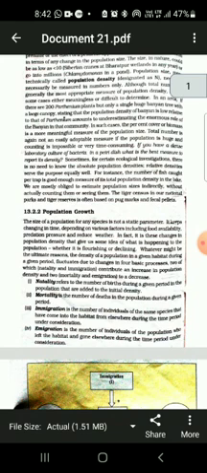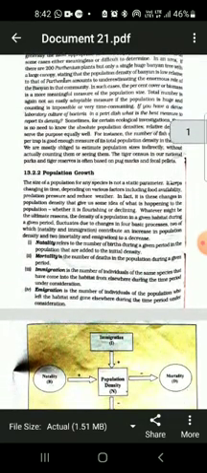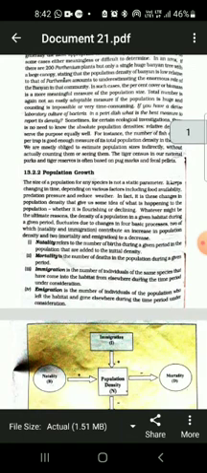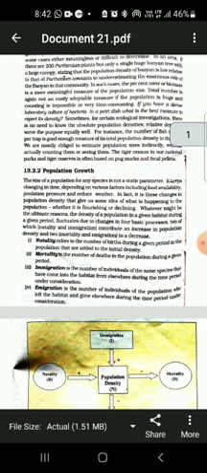In fact, it is the changes in population density that give some idea of what is happening to the population, whether it is flourishing or declining.